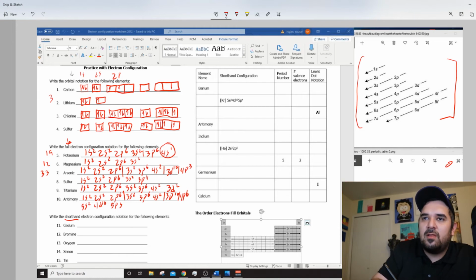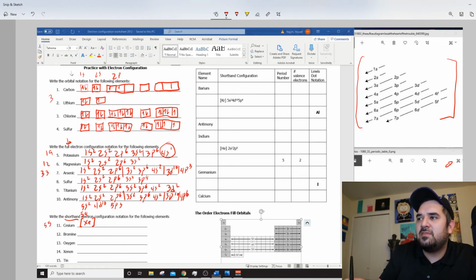So for shorthand notation, we're going to start off with a bracket, and we're going to put Xe for xenon. Xenon has 54 electrons, and cesium has 55. So 54, and then all we're going to do is write out the remaining electrons that we need. We only need 1 more.